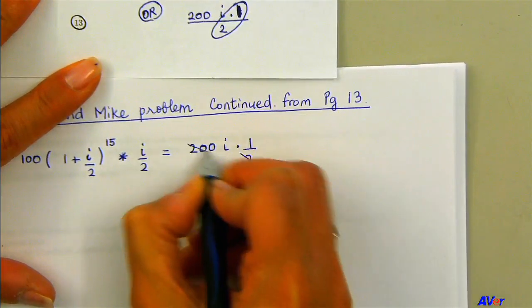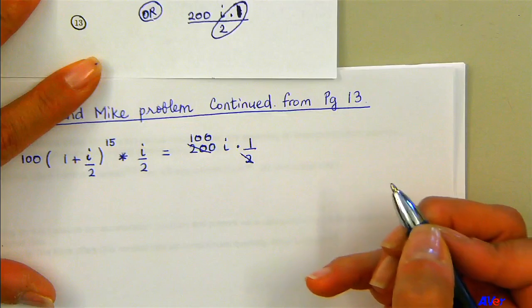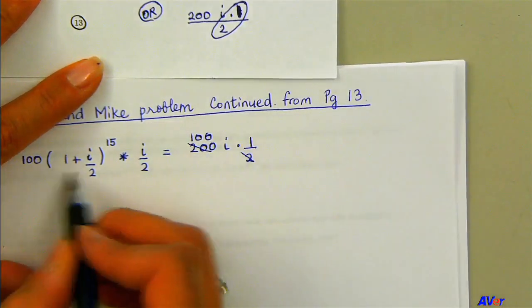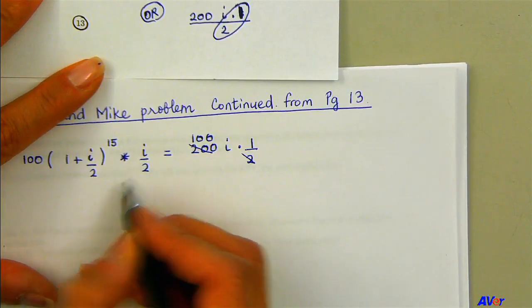So this and this cancel, and it's just 100I. So set 100I equal to 100 times 1 plus I over 2 to the 15th times I over 2.